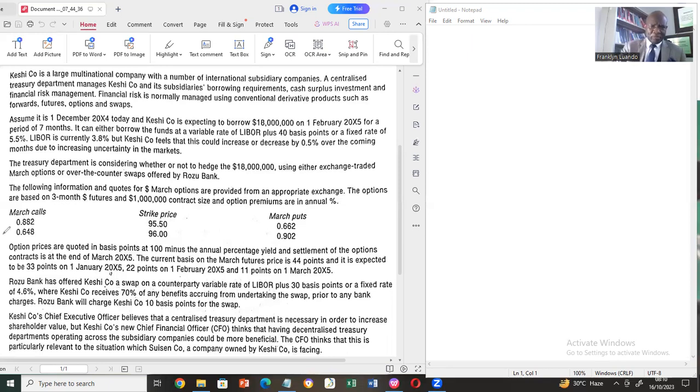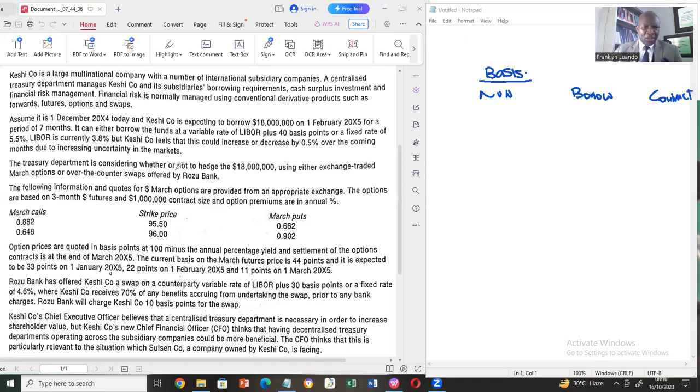The first part is the basis. For the basis, you must be able to determine the date now, then the borrowing date, then the contract date.